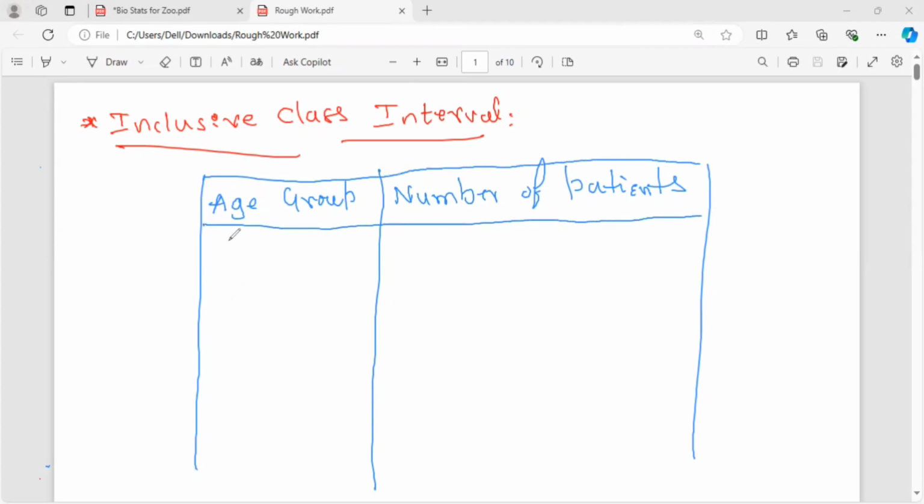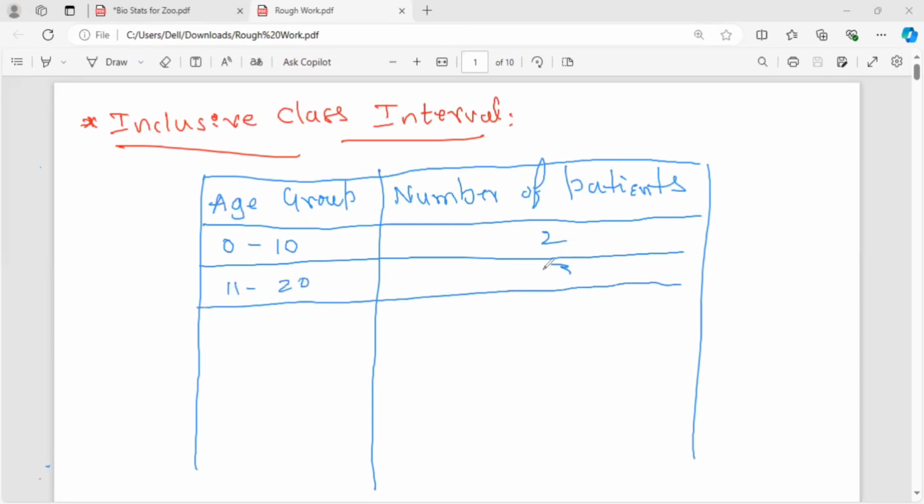So age group means what? I may consider 0 to 10 years; there are two patients admitted in that age group. Then 11 to 20, let us assume three are admitted.